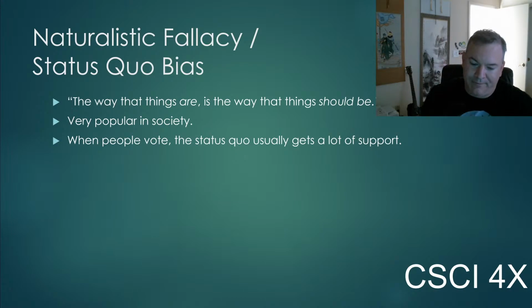The human brain takes shortcuts all the time. It's the only way that we can navigate in a big, complicated world. Cognitive biases are everywhere, and they're basically shortcuts. And so status quo bias is we have a natural preference for the world staying the same, because we're familiar with it, we know how it works.